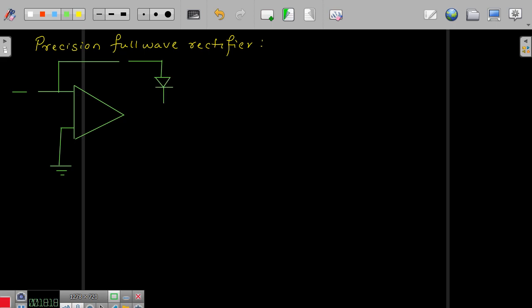One diode here and another diode here. And look here, you have this connection.